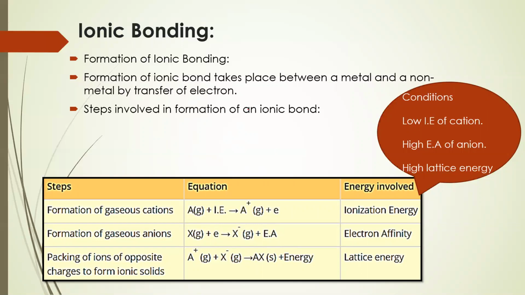So the formation of an ionic bond basically takes place between a metal and a non-metal by transfer of electrons. Ionization energy, electron affinity, and lattice energy, you have already learned in your grade 11, chapter number 3.